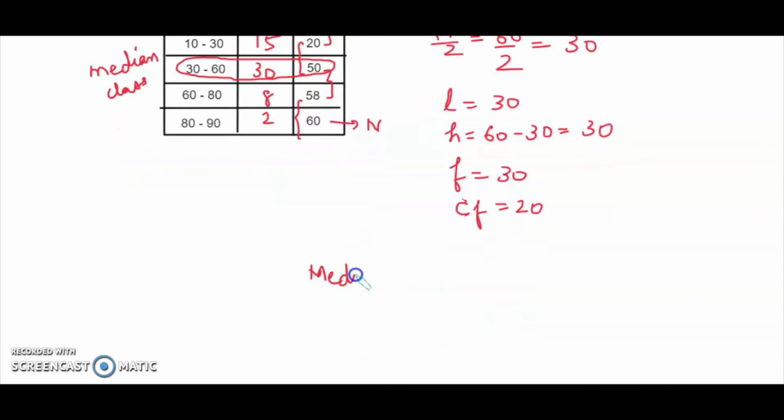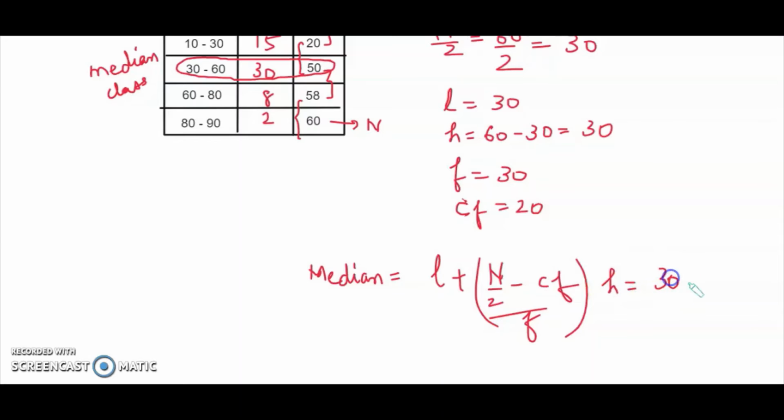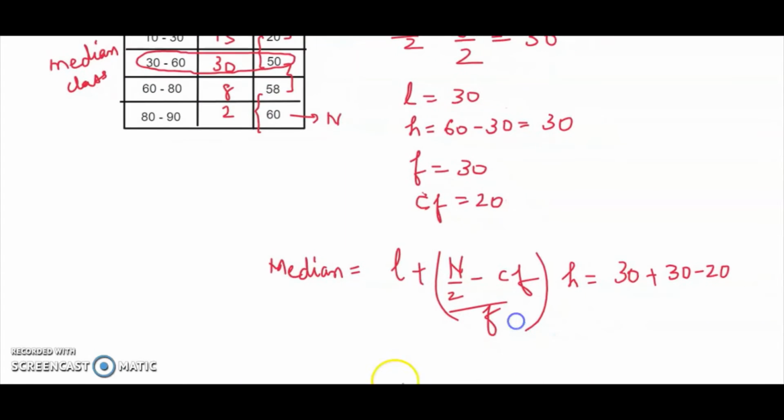So median equals L plus n by 2 minus CF, divided by F multiplied by height, which is equal to 30 plus 30 minus 20 divided by 30 multiplied by 30. So this multiplication and this division will go off. So that will give me 30 plus 10, which is 40. It was an easier one, right?